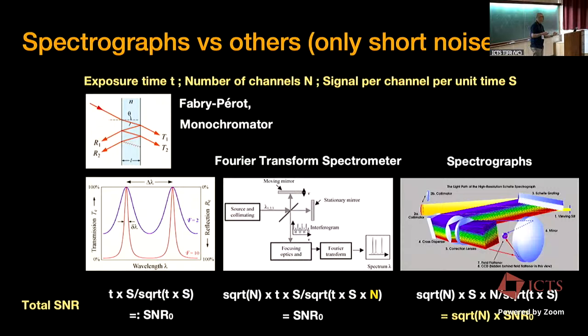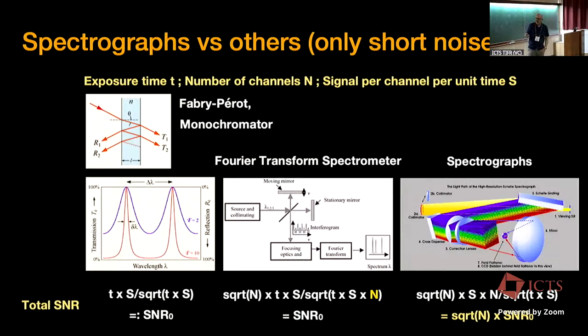But that's not what we want. We want instruments which have low detector noise such that we are limited by shot noise, by photon noise. And if you go to this photon noise limit, then they compare like that. Here I compute the total signal to noise integrated over all spectral beams that you get in a given time t.